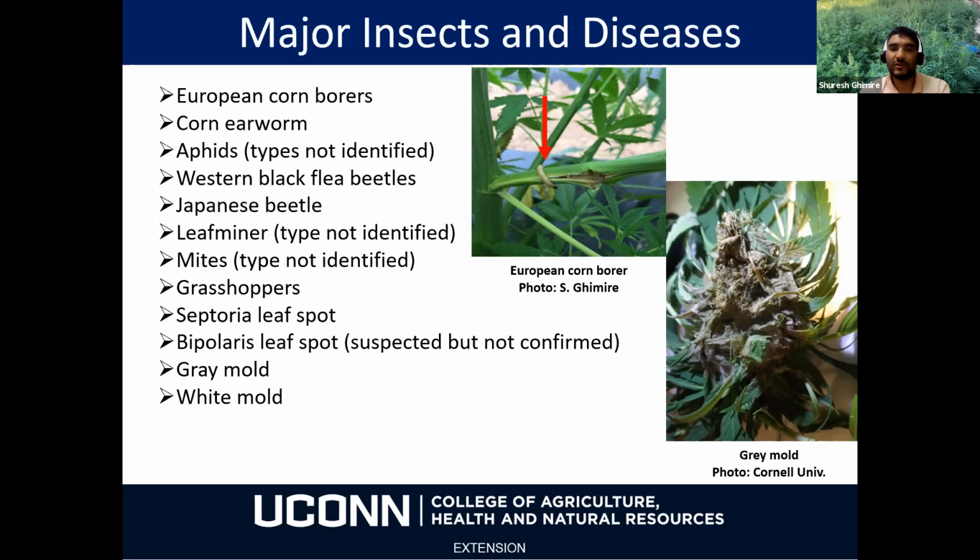European corn borer and corn earworm were two major insects, and Septoria leaf spot and Bipolaris leaf spot were two major diseases that we observed. There is potential for other diseases to be problematic in future, like gray mold and white mold, which Alyssa explained.